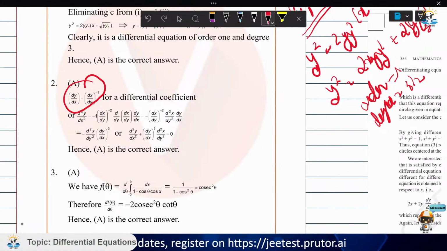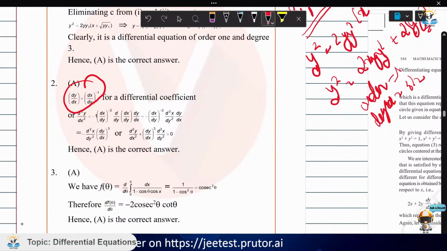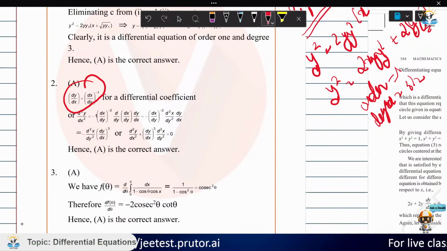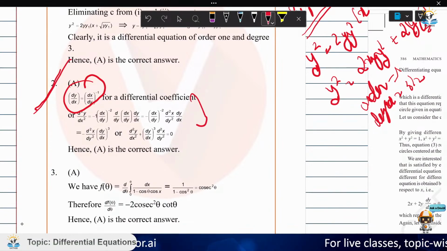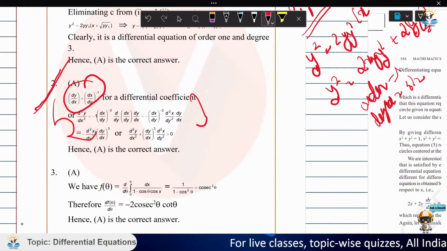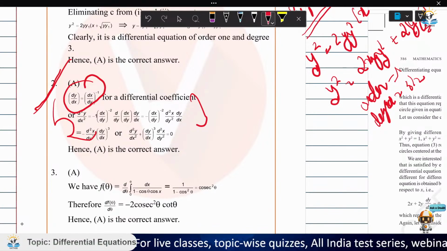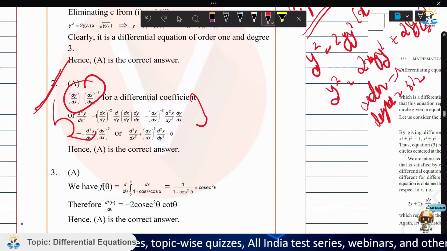So we are differentiating the whole part with dy by dx. So this is the solution that we have. You guys can see it. So what we did was we tried to differentiate this part with d by dx again. So what we got was we take dx by dy as a function itself.